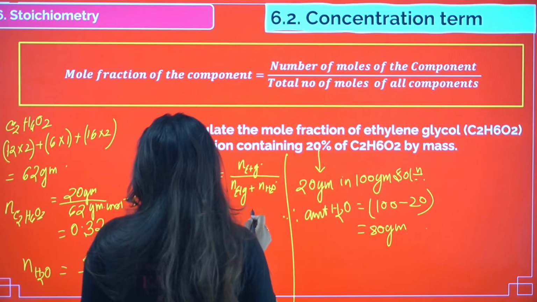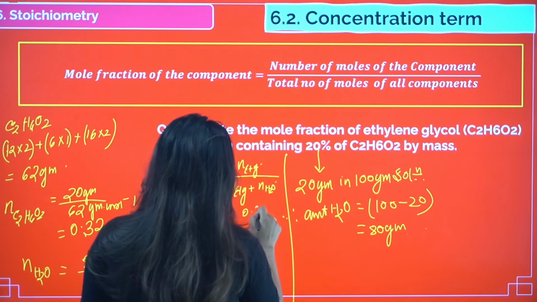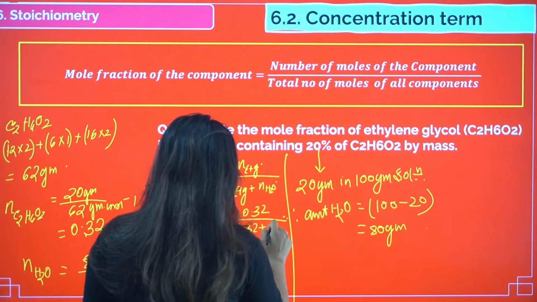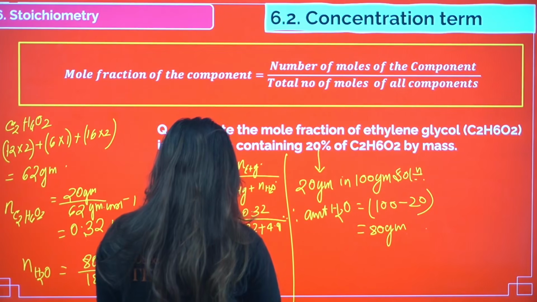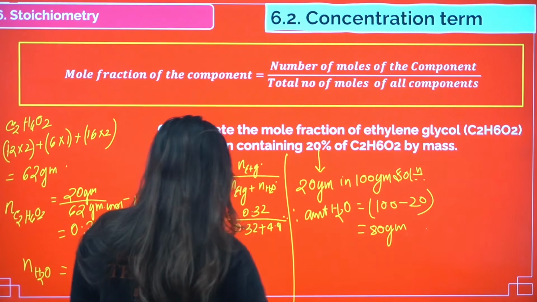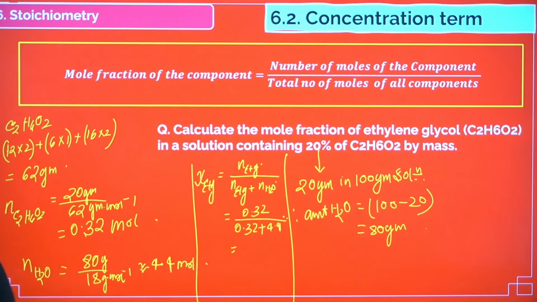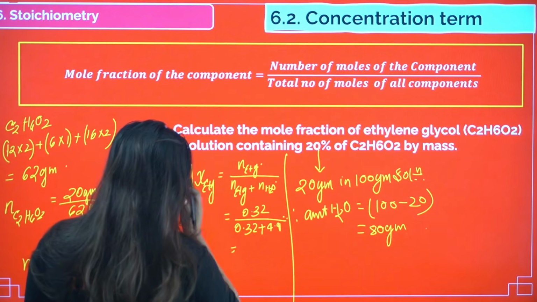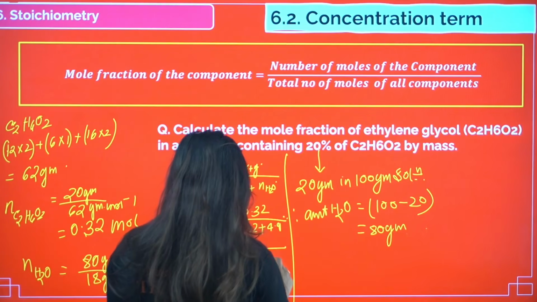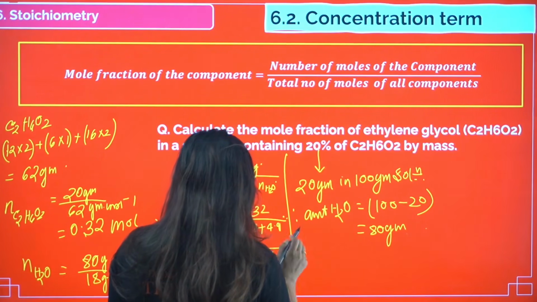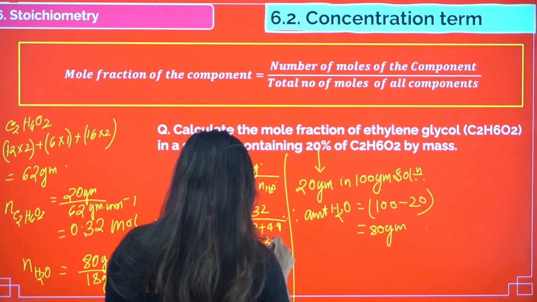Number of moles of ethylene glycol is 0.32, divided by 0.32 plus 4.4. The denominator, if you calculate 0.32 plus 4.4, should come up to be something like 4.76, and above 0.32.